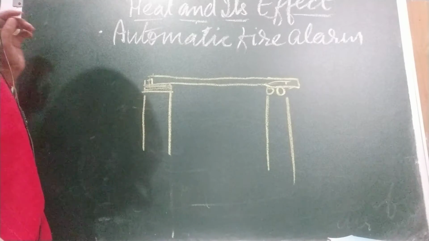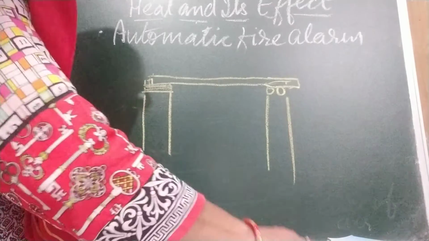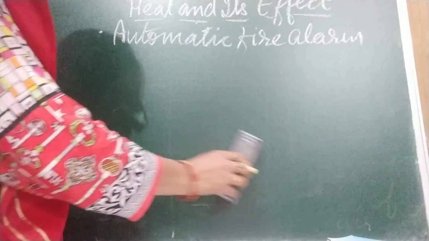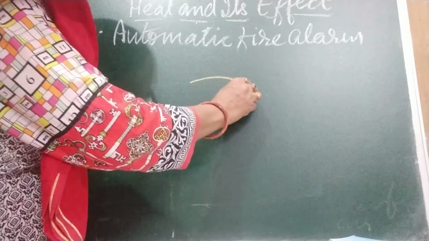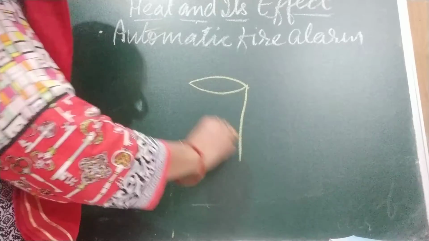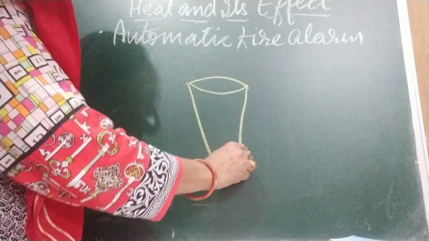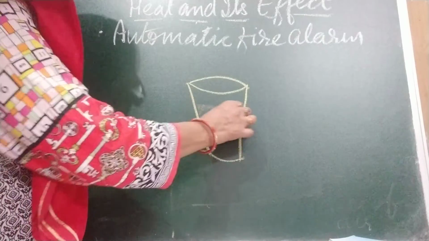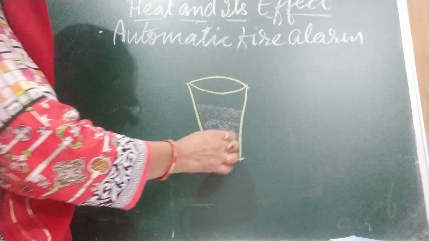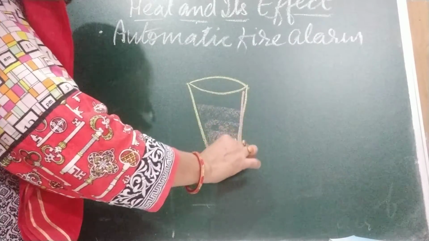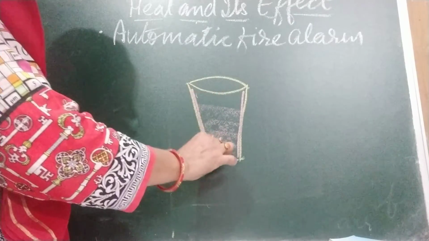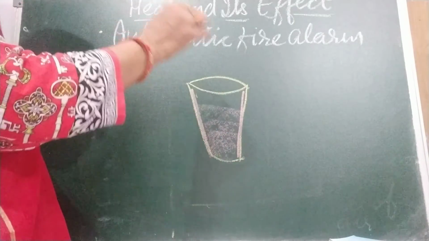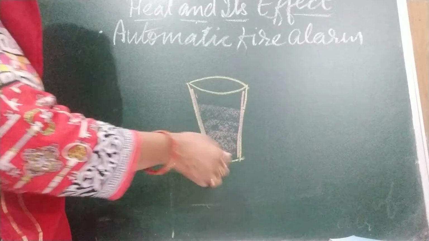Okay, one more example I am going to give you, like glass. When we pour very hot liquid in it, what happens? The inner part is getting heat and expanding, and the outer side is not expanding.